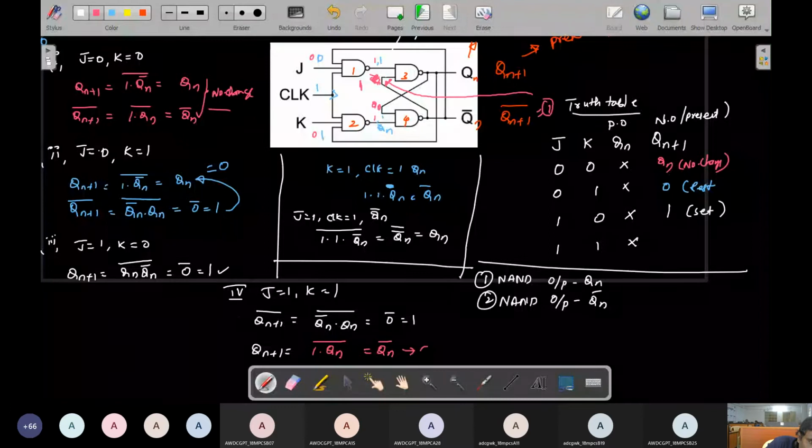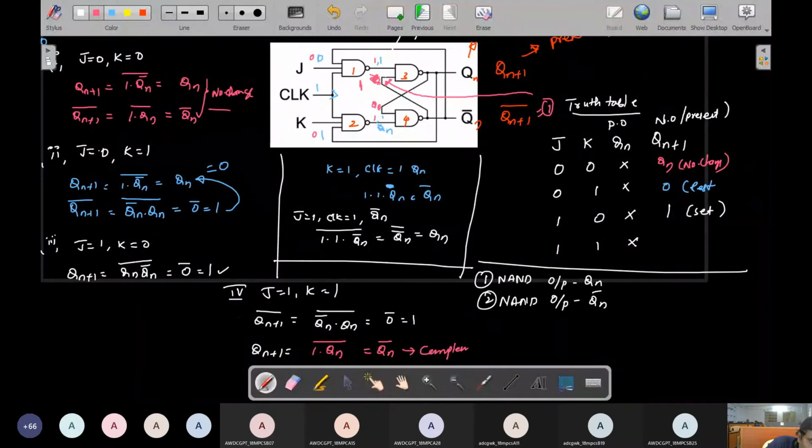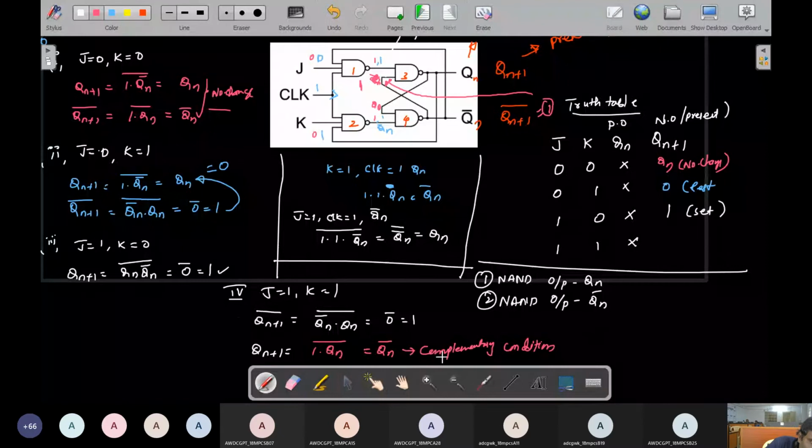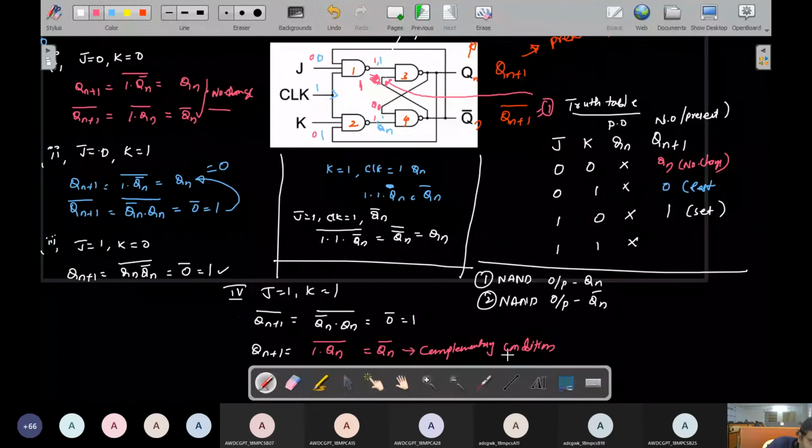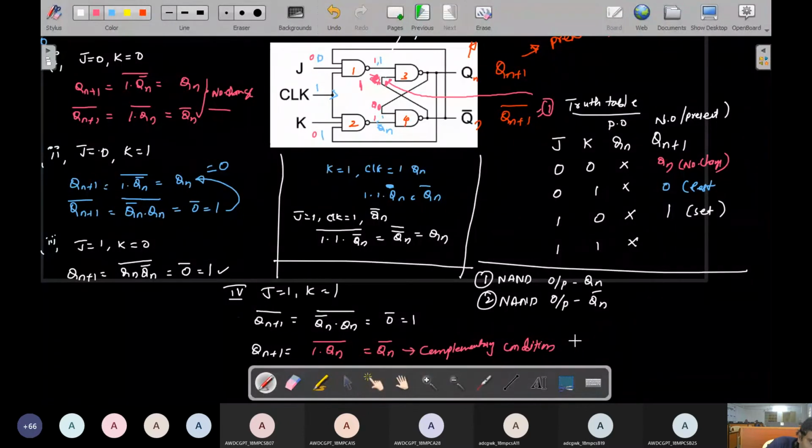comes to the complementary condition. So what is this actually? This means you are taking complementary as 1, then again your output, the normal input, every time the state will be changed.